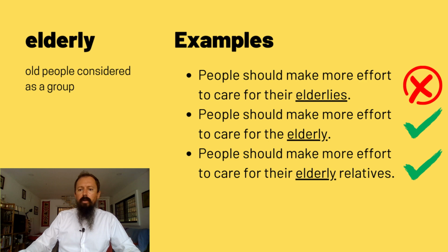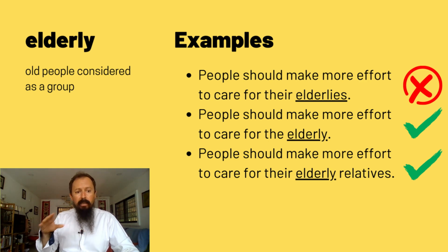Now, I talked there about the elderly, and this is a word that really confuses people. Now, you don't often see this word, but when you do see this word in IELTS essays, it's usually misused. And the most common one, well, there are various ways, but the most common one is saying elderlies. So people know what this word means, but they can't quite use it correctly.